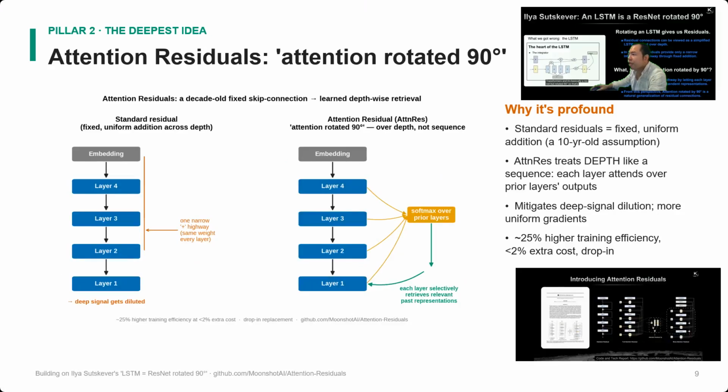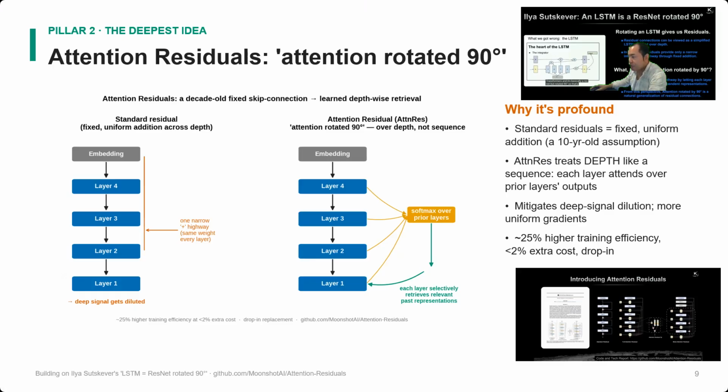So if you remember one technical idea from that GTC talk from Zhilin, make it this one: the standard residual connections. The skip connections in every transformer add each layer's output back with a fixed, uniform weight. That assumption is about a decade old, and it has a really important cost. In every deep network, the signal from early layers gets diluted.